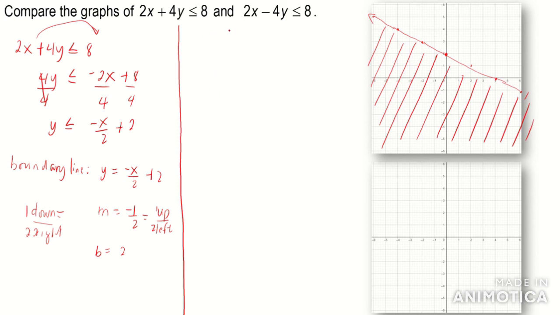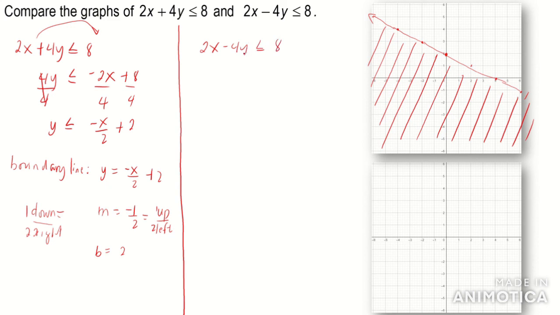Now the question is, will the graph of this inequality be equal to this inequality, 2x minus 4y is less than or equal to 8? As you can see, all the terms are the same except for the plus and minus here. So let's find out. We have simplified 2x minus 4y is less than or equal to 8.